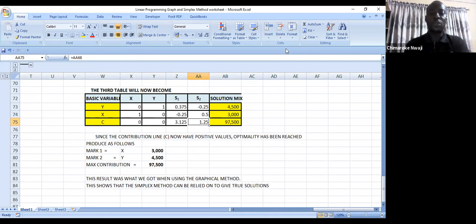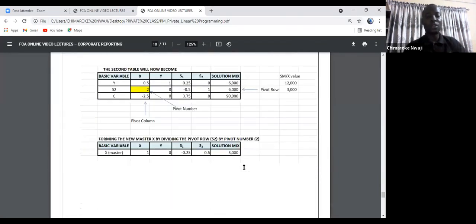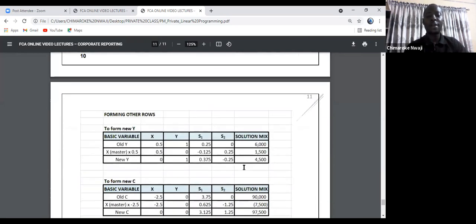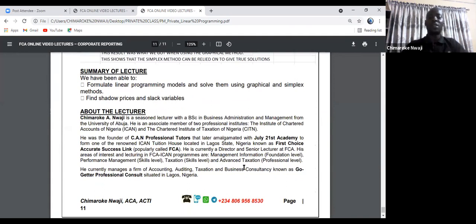All right, so let's go down to our solution. That's what we've been doing here. That's it. So summary of today's class. We have been able to formulate linear programming models, and we have been able to solve them using the graphical method and then the simplex method. We have been able to find out what the shadow price is and our slack variables.